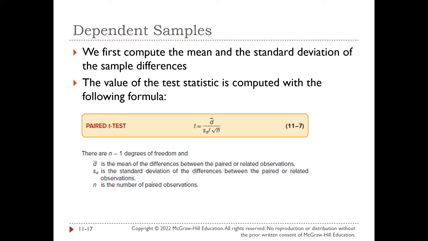So we're going to have to do some subtraction here. SD is the standard deviation of the differences between the pair of related observations, and n is the number of paired observations.